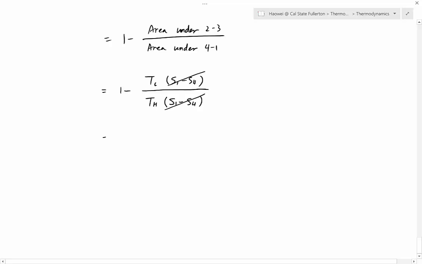So the only thing that is left is 1 minus TC over TH. Left hand side still eta. So now we proved it. If you have a Carnot cycle, maximum efficiency is equal to 1 minus Tc over Th. And when you plug in temperatures, make sure you always use Kelvin to avoid any mistake.